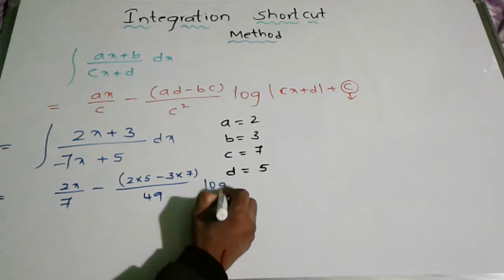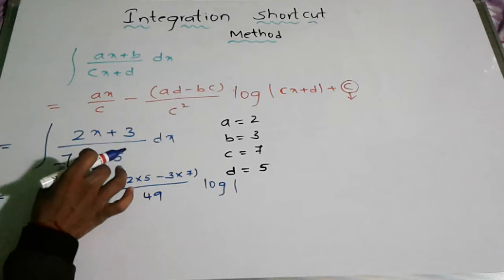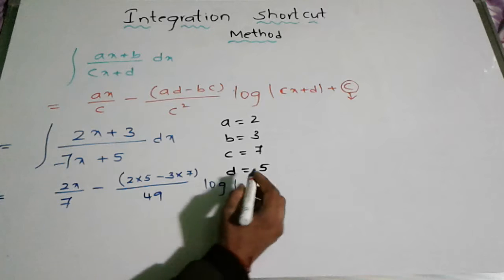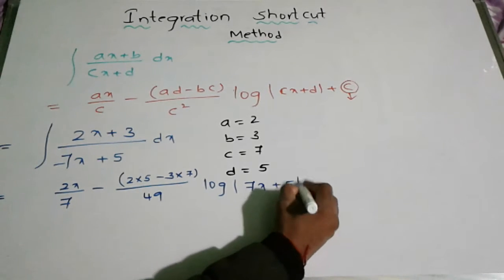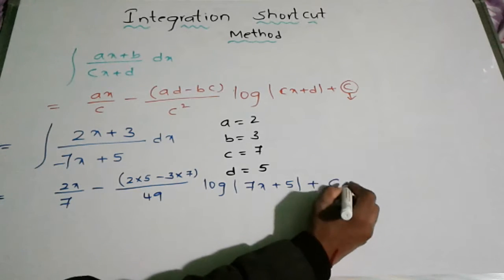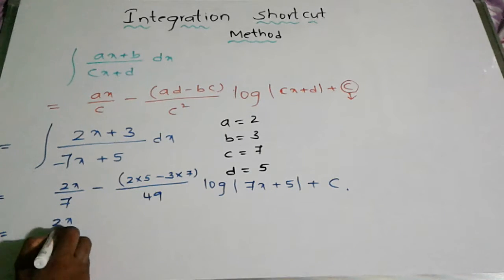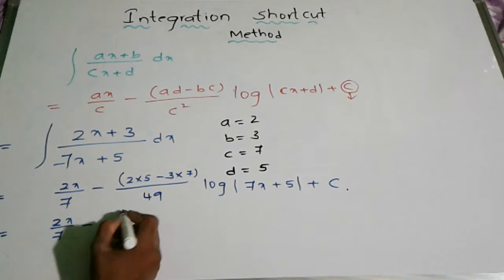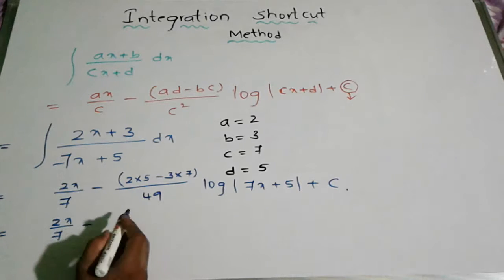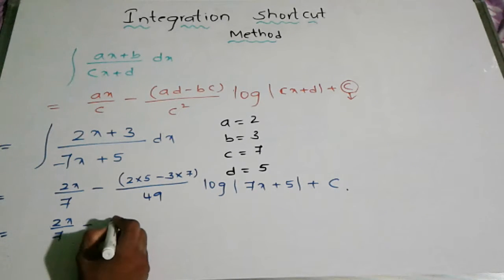Here log mod of, you have to write the denominator part, that is 7x + 5, plus constant, and our final answer is 2x upon 7 minus (10 minus 21), which equals minus 11, right?